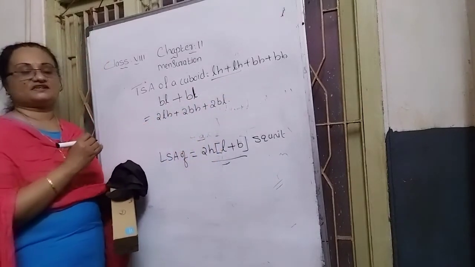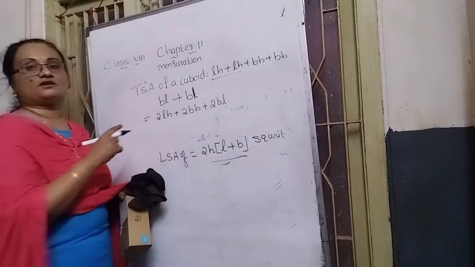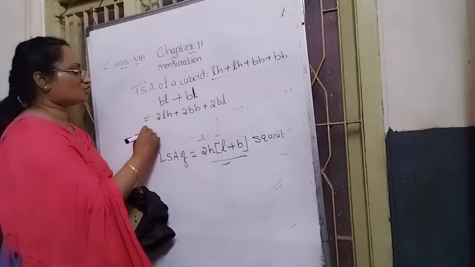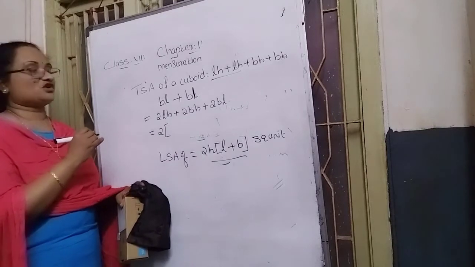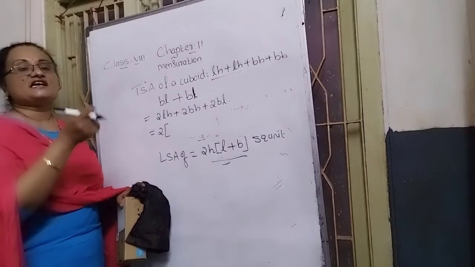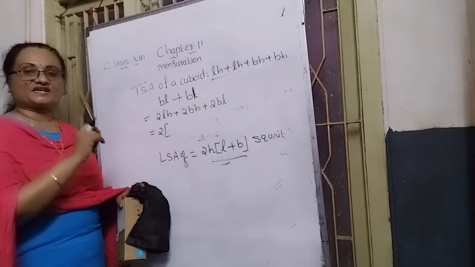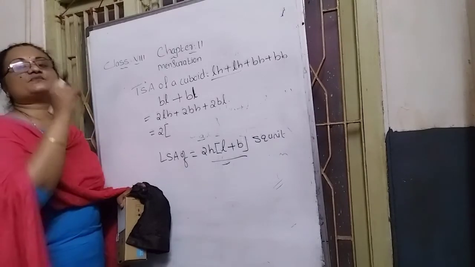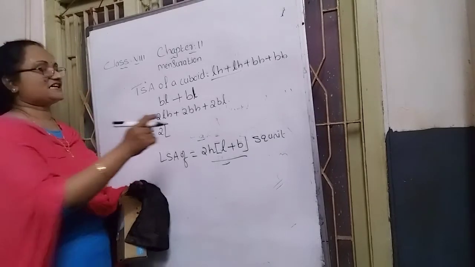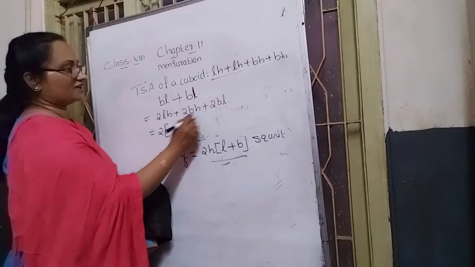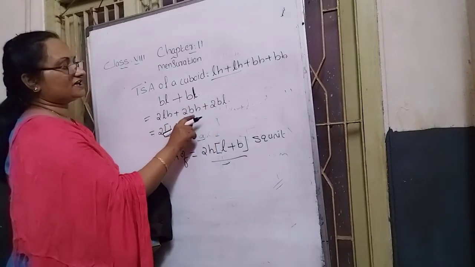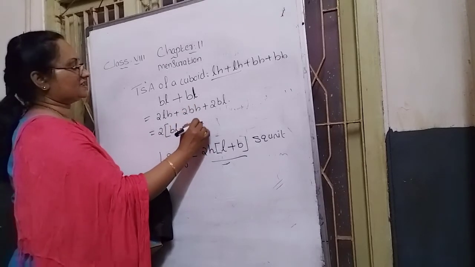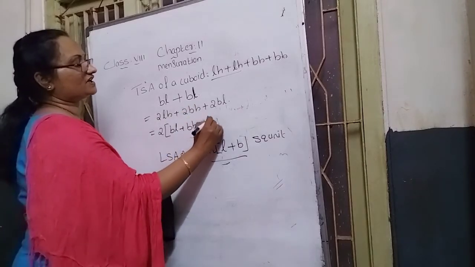Which number is common? 2 is common, so we take it outside. But when stating the formula, we say length into breadth plus breadth into height plus height into length, so we can write it in that order. Take 2 common outside; the remaining are BL, BH, and LH.